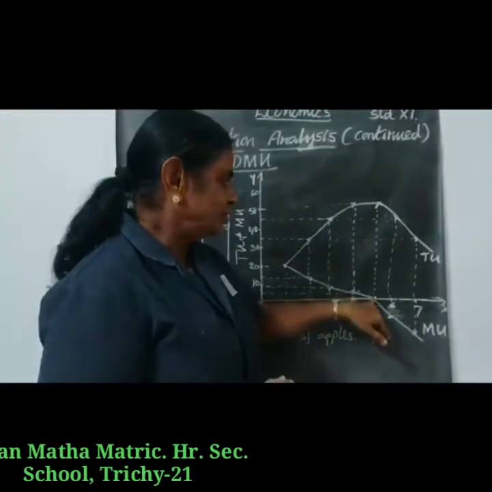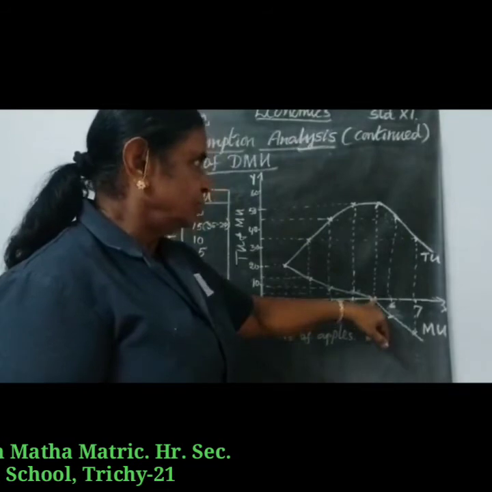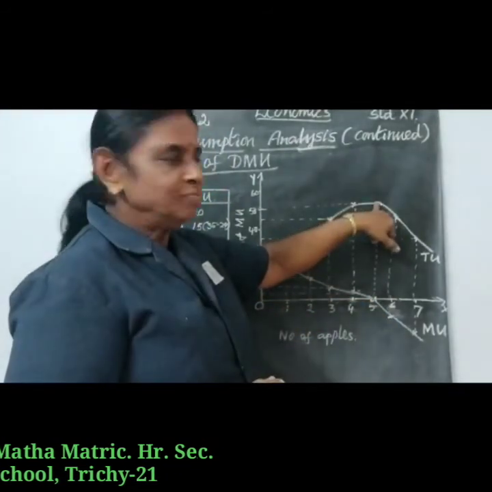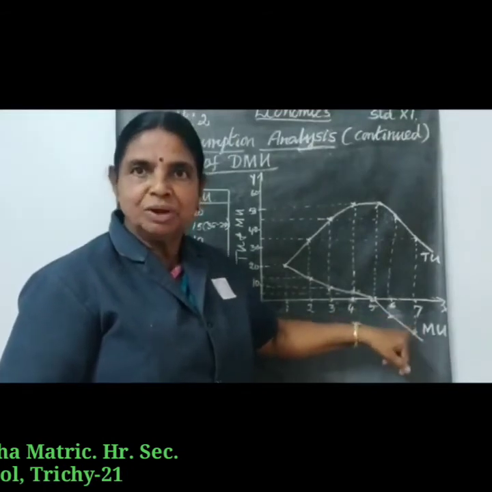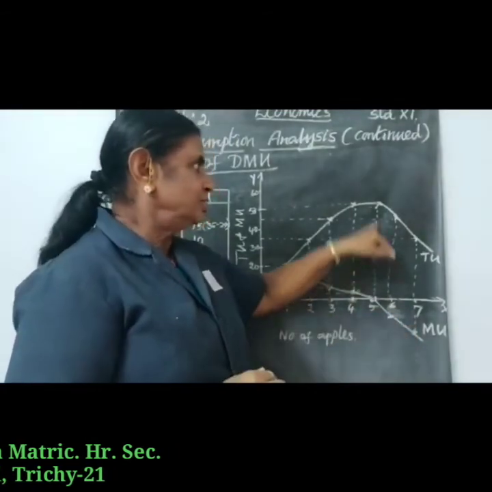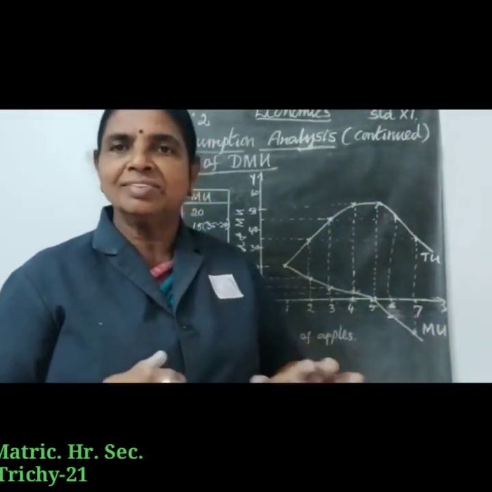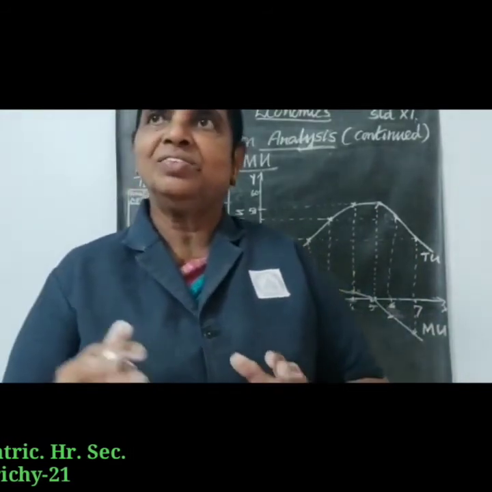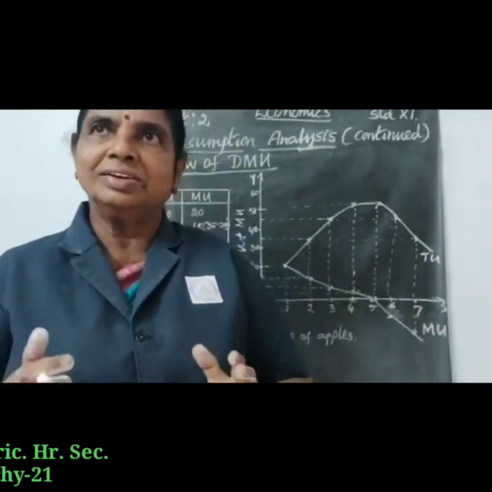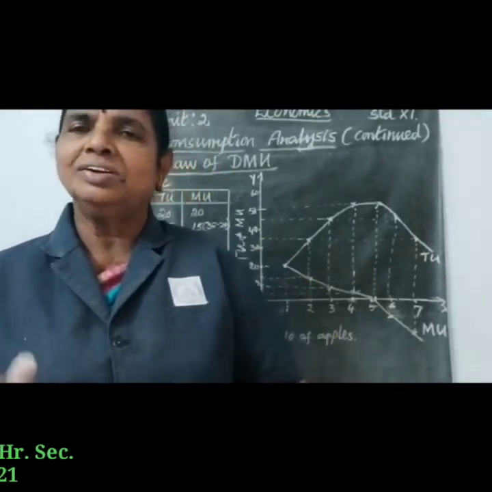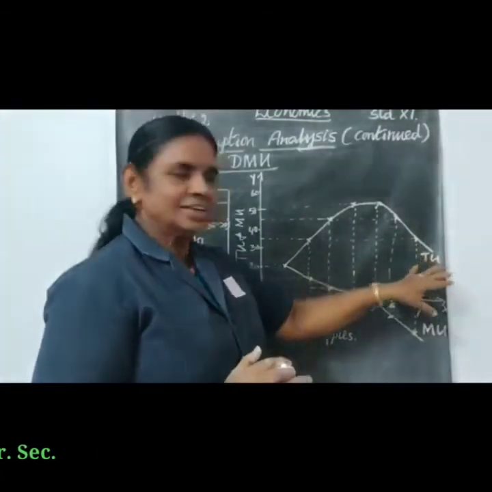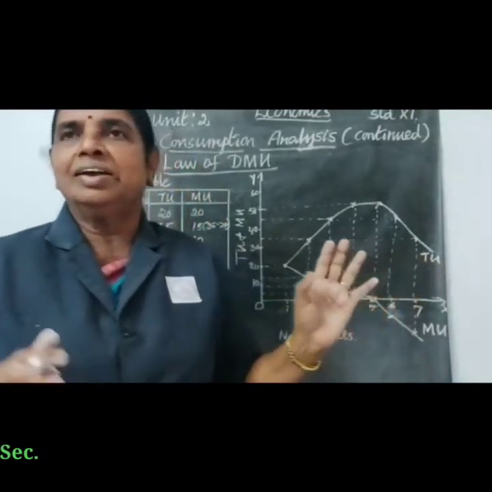But when marginal utility goes negative, beyond 0, total utility also starts decreasing. So that's what we find. Marginal utility becomes negative, the total utility diminishes. This can be clearly seen in this diagram.